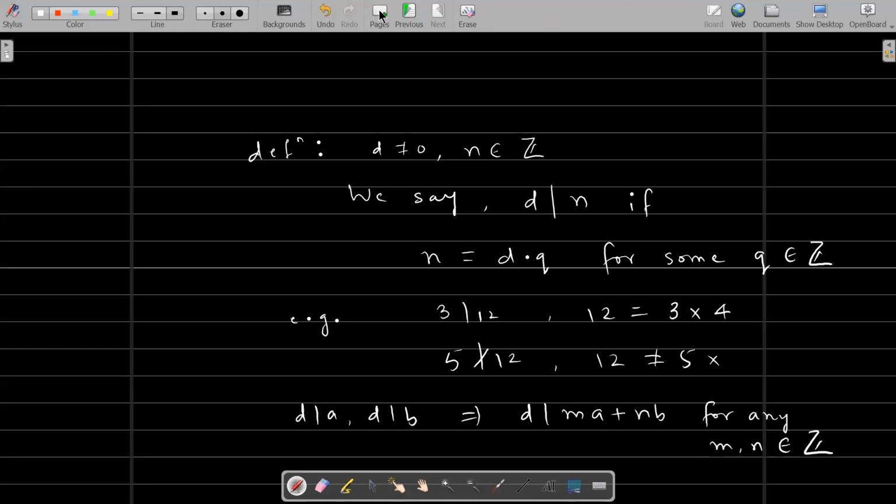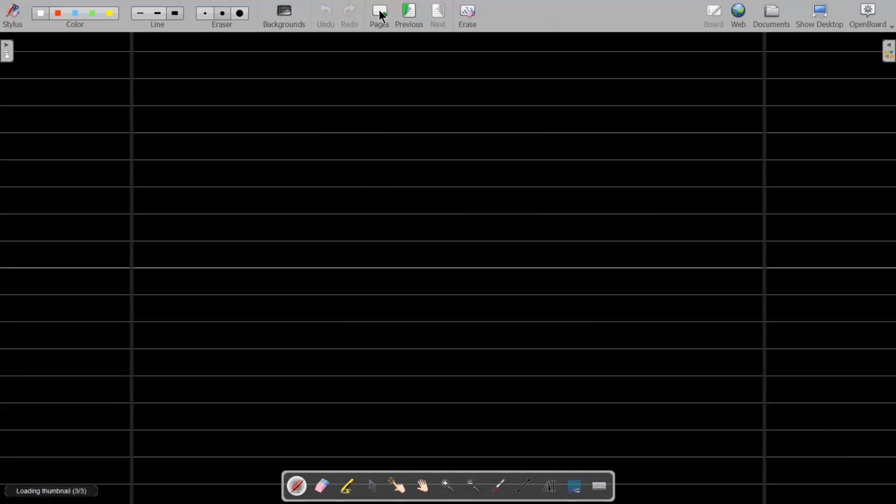So state true or false, and if it is true, we have to prove it, we have to justify it. If it is false, we have to give one counter example. So one example which disobeys the fact.